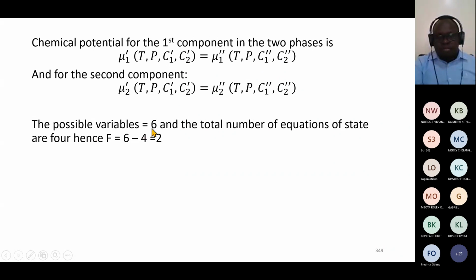So the possible variables is 6. That is 1, 2, 3, 4, 5, 6. And the total number of equations of state are 4. So F is going to be given by 6 minus 4, which equals 2. You can check that against the phase rule. You also get a similar answer.